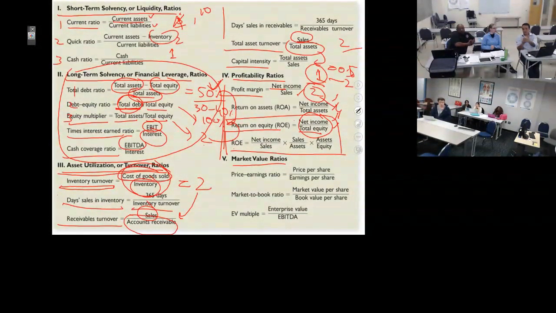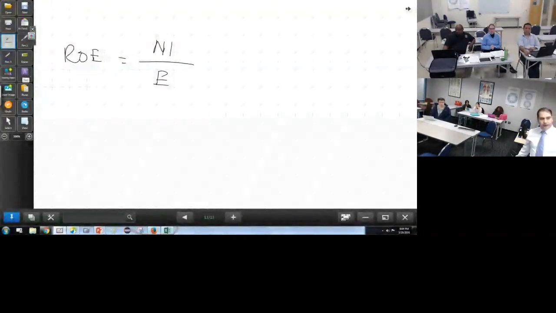Which makes sense. That will give us a percentage of return.